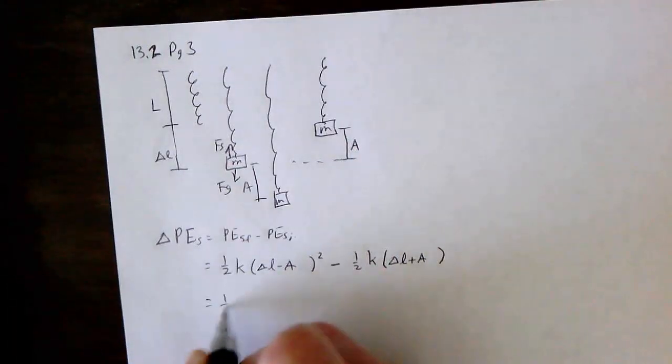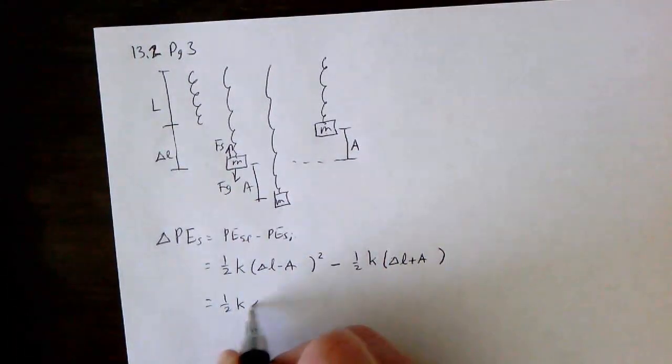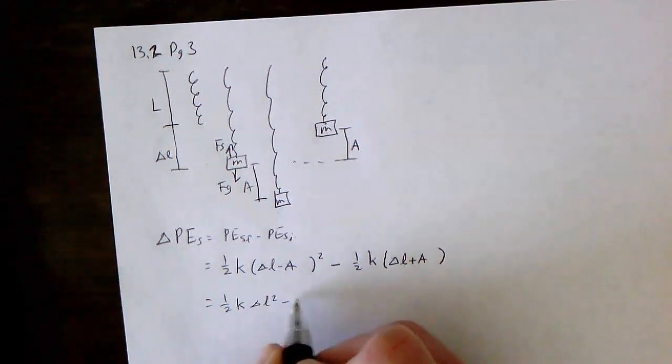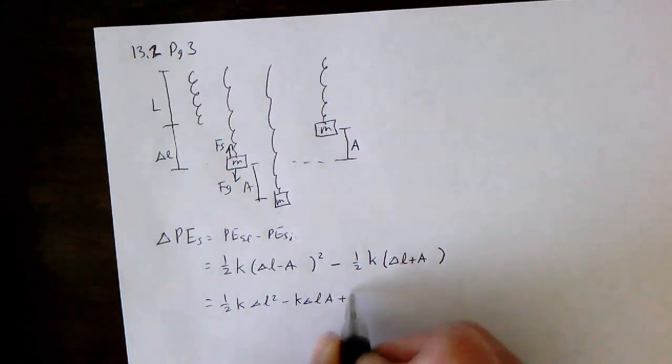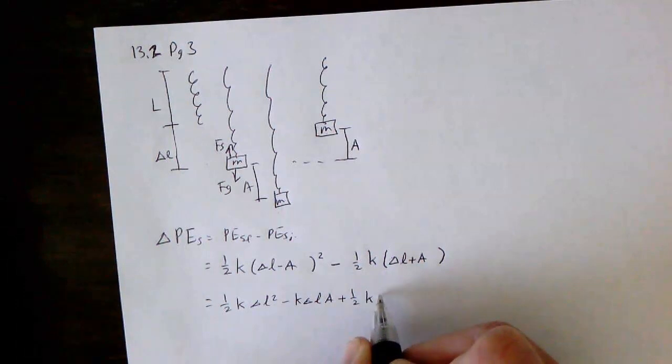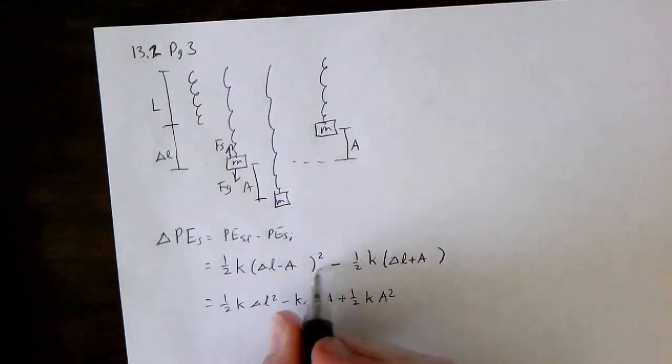So we get 1/2 K delta L squared minus 2 times 1/2 is 1 K delta L A plus 1/2 K A squared. That's that foiled.